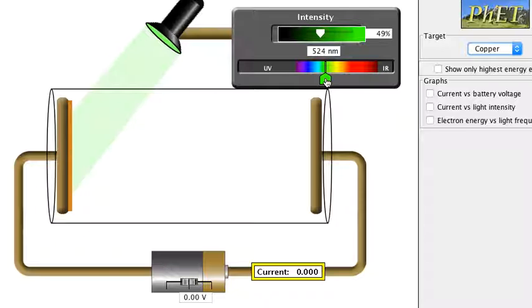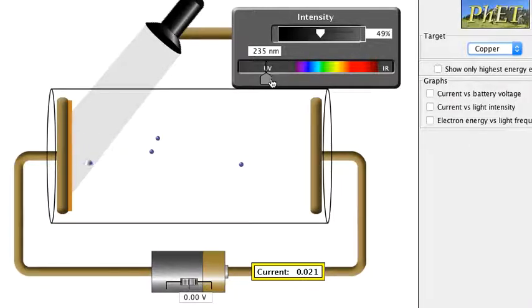So you can see copper again, nothing with green, nothing with blue, higher level blue, violet, nothing. UV, very similar to zinc in that we need to get somewhere in the UV range. It looks like a very similar number to zinc as far as being able to eject electrons.